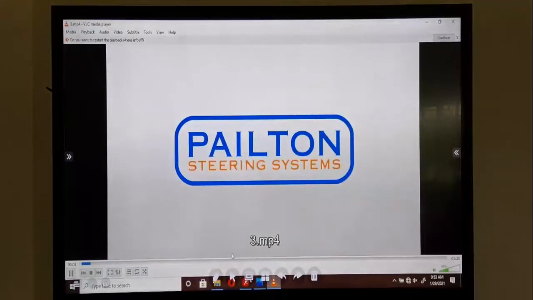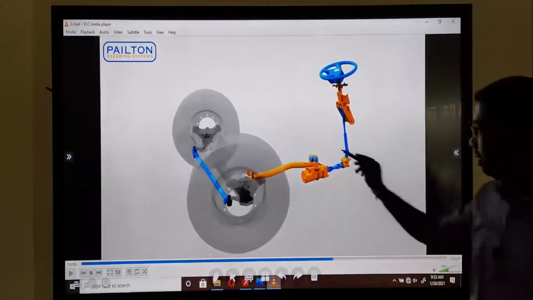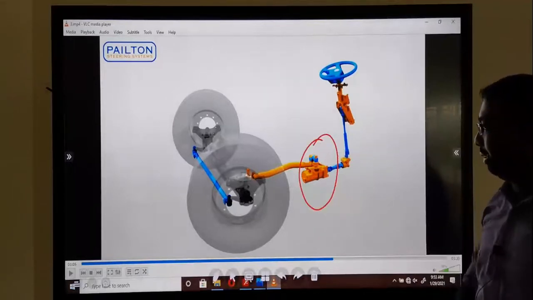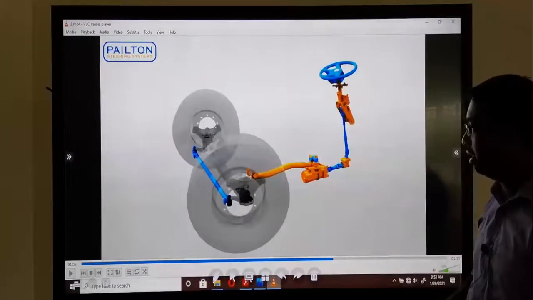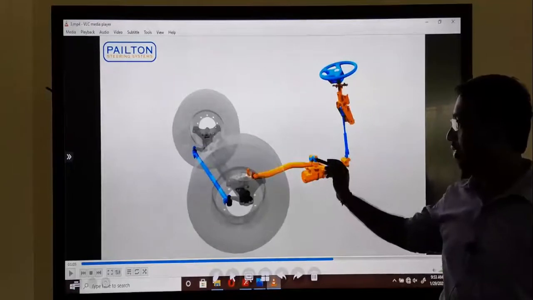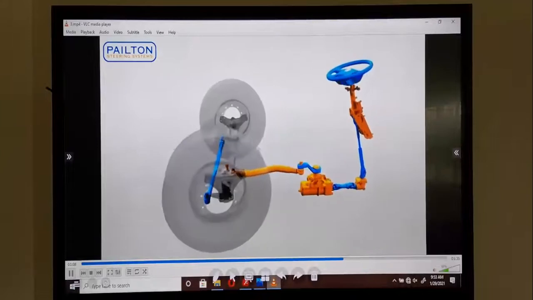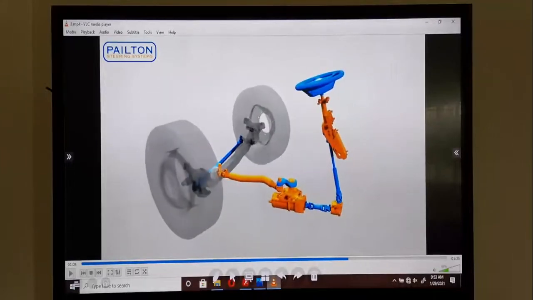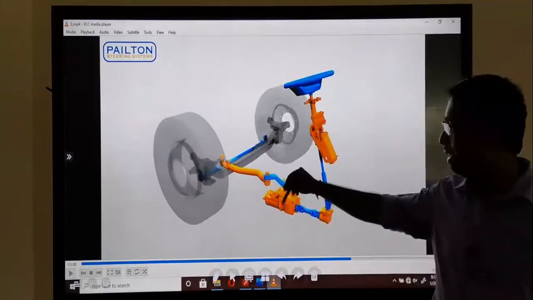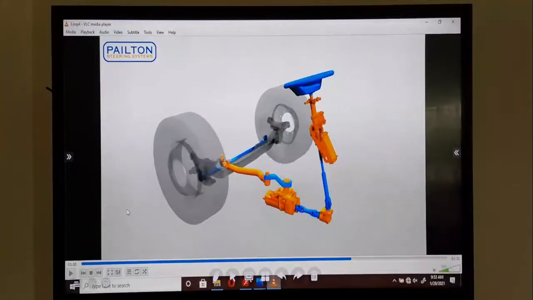Here this is called the recirculating ball gearbox, the steering gearbox. I will explain this part later. Here the blue color is the Pitman arm. This is the rod type of linkage. These are the mechanical linkages.